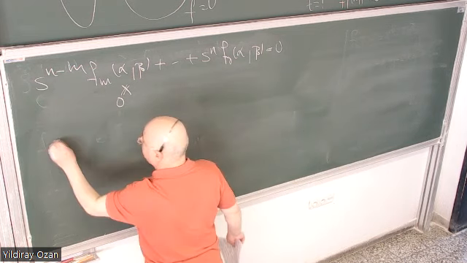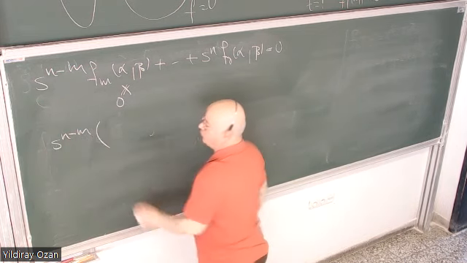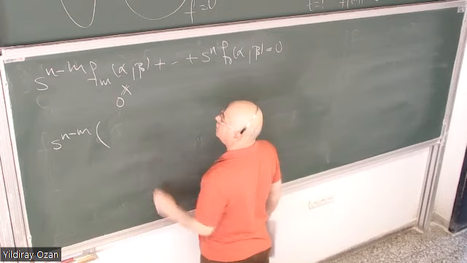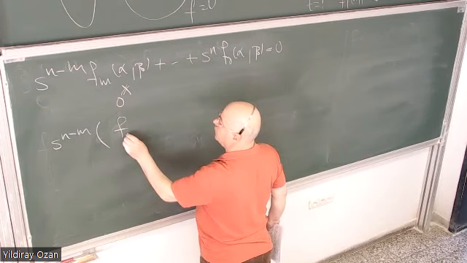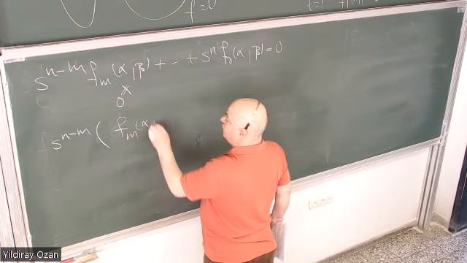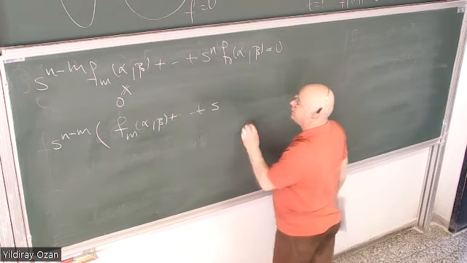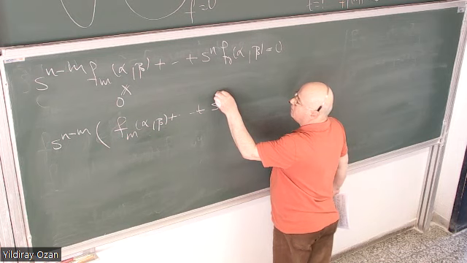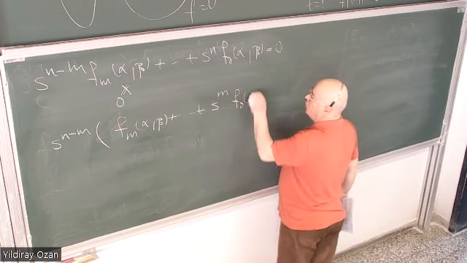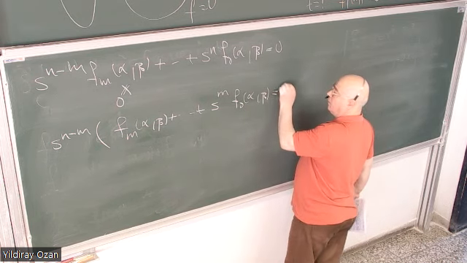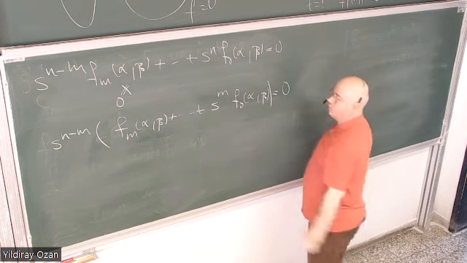And here actually I can just take S^{n-m} out of the parentheses. So I have F_m alpha beta, and then S to the power m times F_0 alpha beta equals 0.